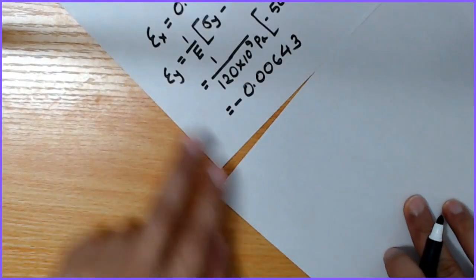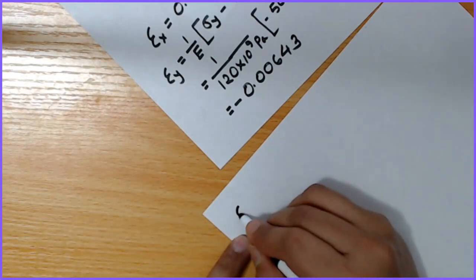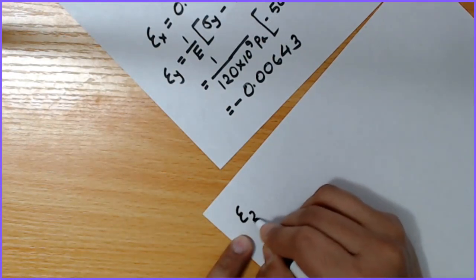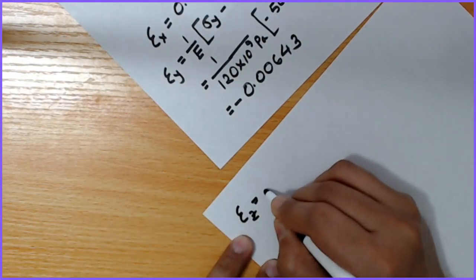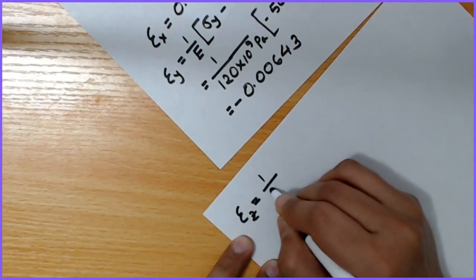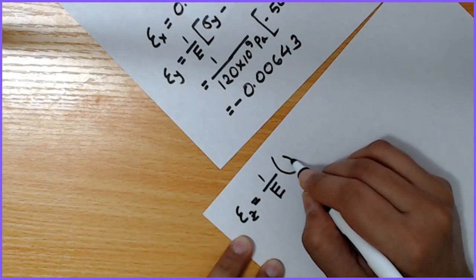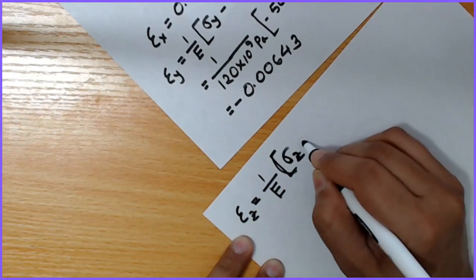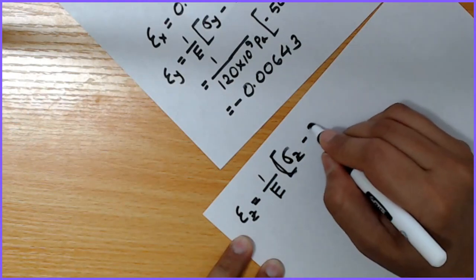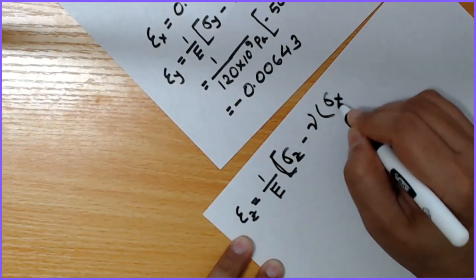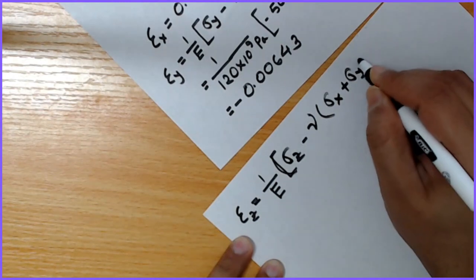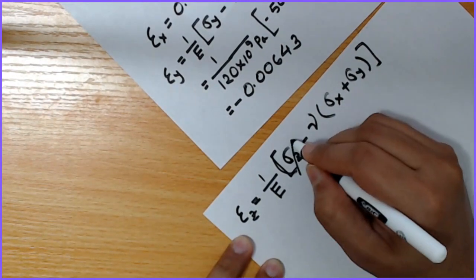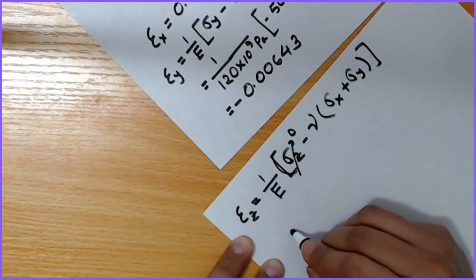Now our normal strain in z direction, the equation is 1 by E (sigma z minus nu (sigma x plus sigma y)). So here sigma z is equal to 0.